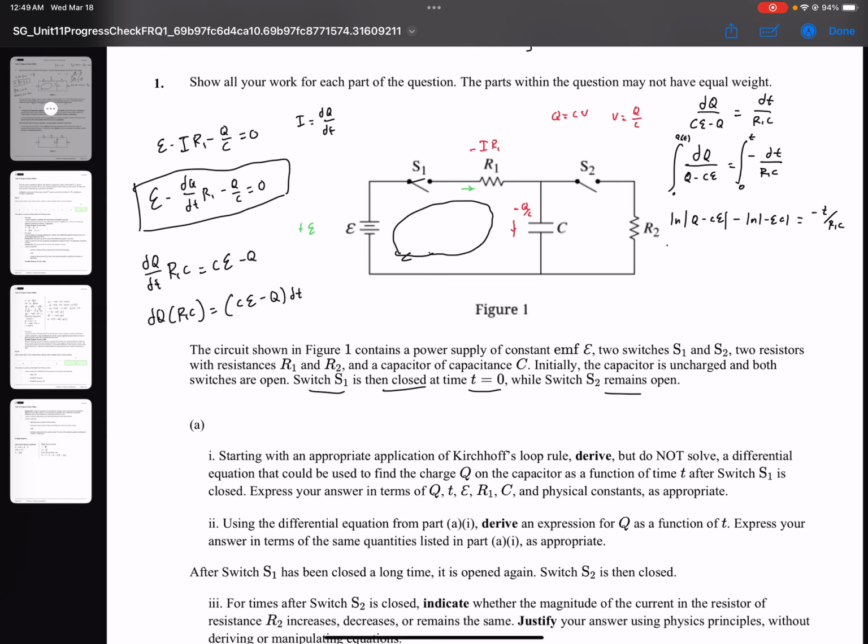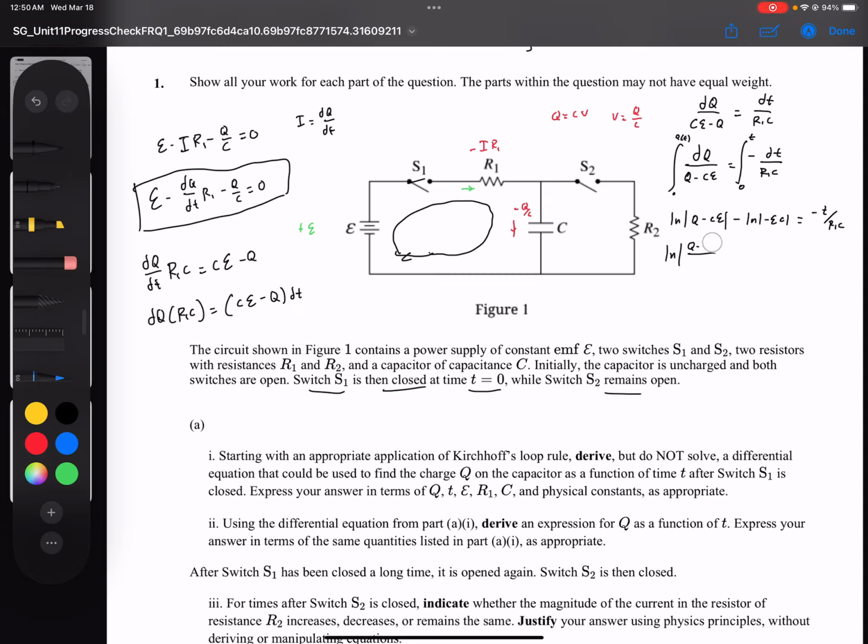So here I have ln of q minus EC all over negative EC. That equals negative t over R1C.